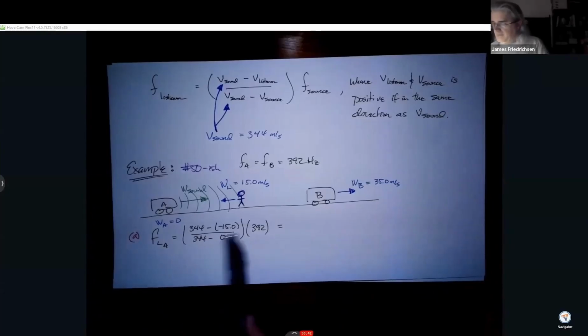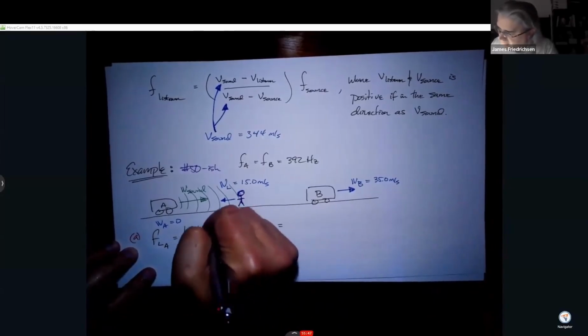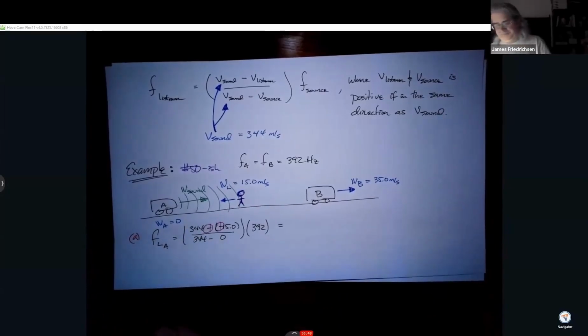So this should shift up. So it's a minus, and let's watch our signs. So this will give us a plus. 409.